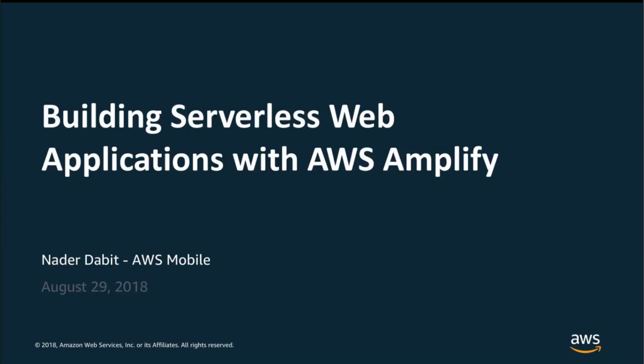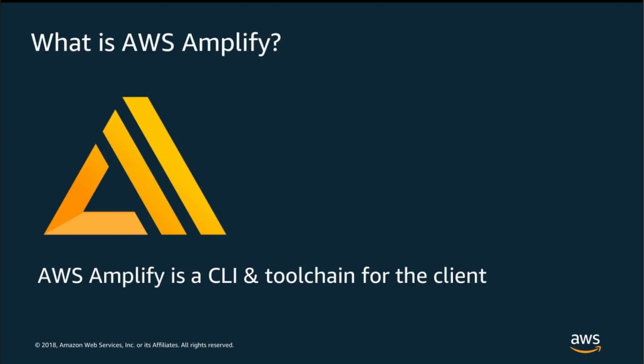So in this presentation, we're going to be going through an end-to-end presentation about how to get up and running with this. We're also going to walk through how to use AWS Amplify in an actual client-side application and get up and running with that. So to get started, I'll talk about what AWS Amplify is.